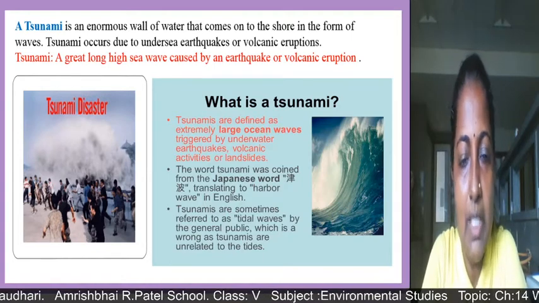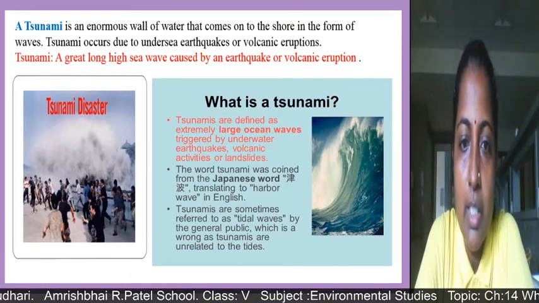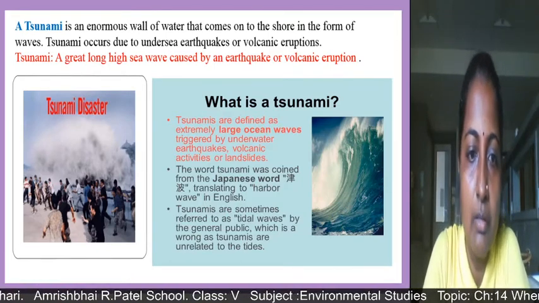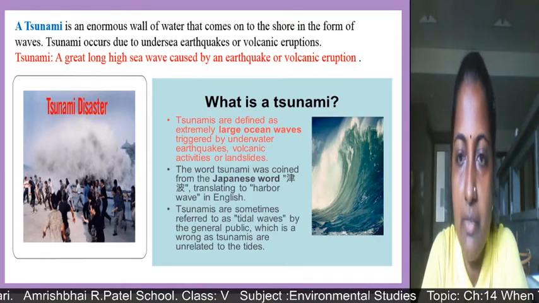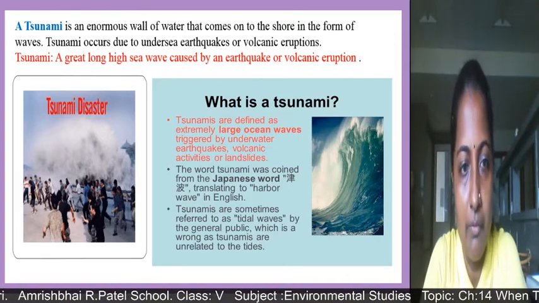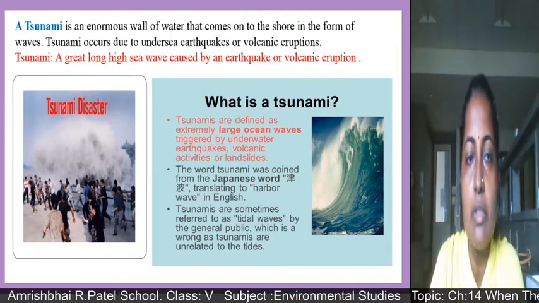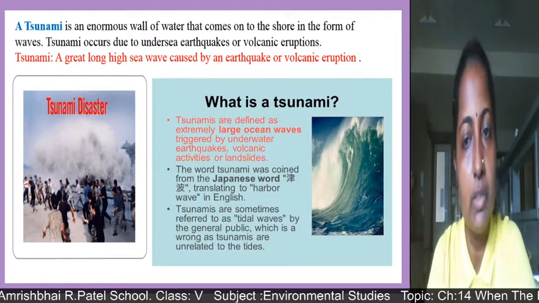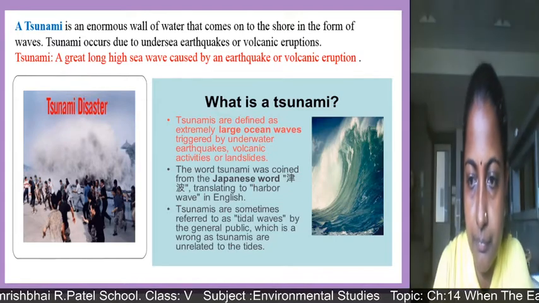Tsunamis are sometimes referred to as tidal waves by the general public, which is wrong, as tsunamis are unrelated to the tides. So tsunami means a very great, long, high wave caused by an earthquake, volcanic eruption or landslides.